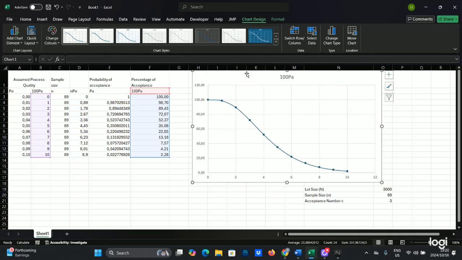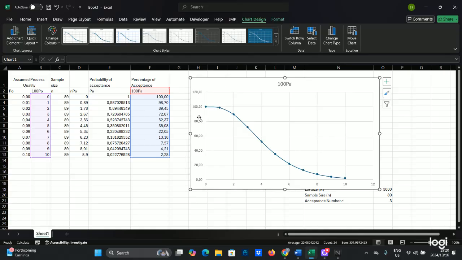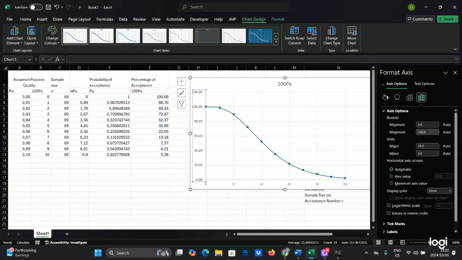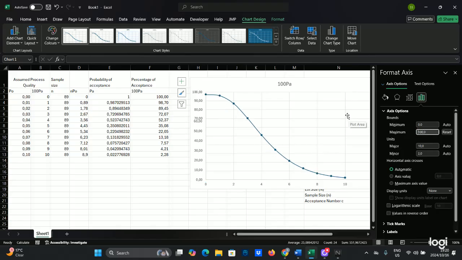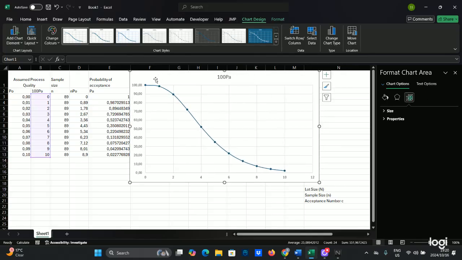One thing I want us to do is fix our axes, to justify them. Since your highest point is 100, I want you to justify this here. So you double click on your axis points, and then you put this at 100. Now you can see your y-axis adjust.